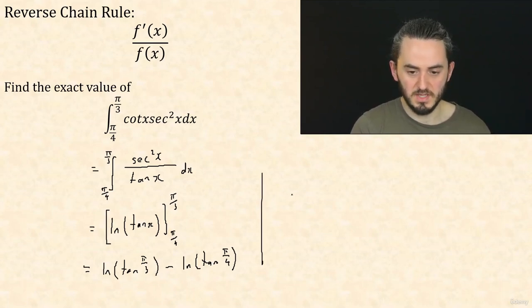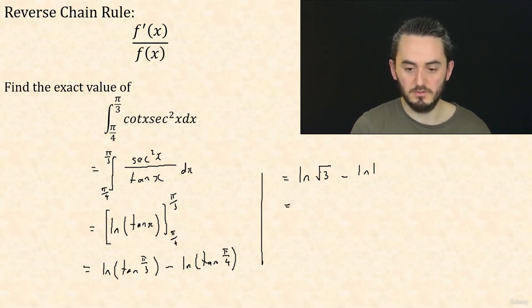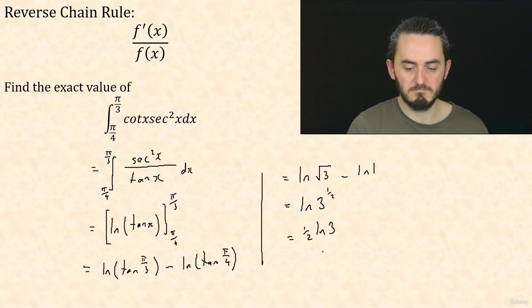So that is ln of root 3, and minus ln of, and tan pi over 4 is 1, so that's minus ln 1. Well, ln 1 is 0, so I've just got ln of root 3. It's often nice to express these as ln of whole numbers, or at least rational numbers, but ln of root 3 is ln of 3 to the half, and that's half ln 3.